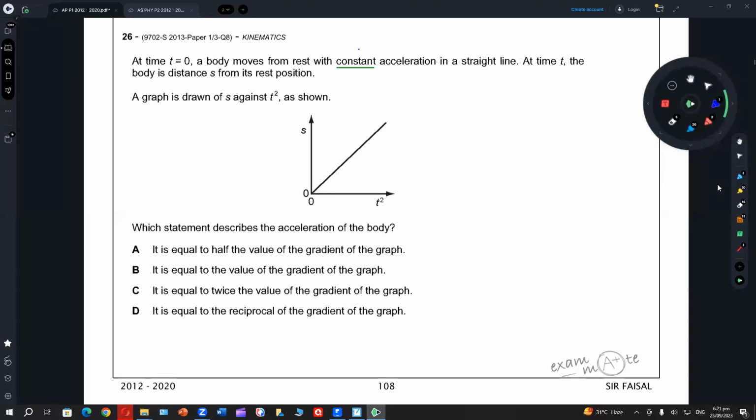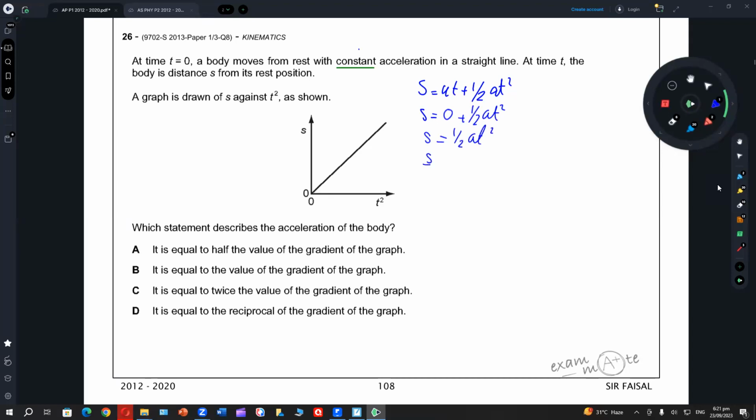After doing a good number of questions, you will remember for next time that the main equation is s equals ut plus half at square. The body has started from rest, so u will be 0. So s equals 0 plus half at square. So s is equal to half at square.